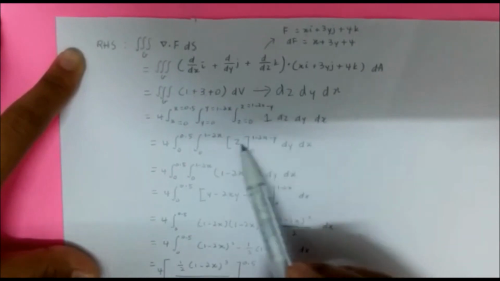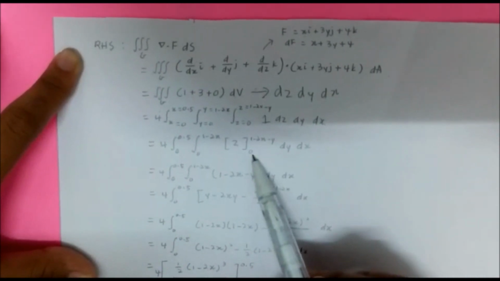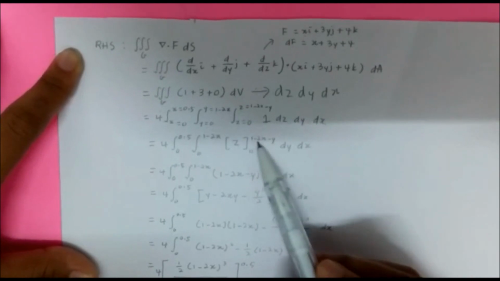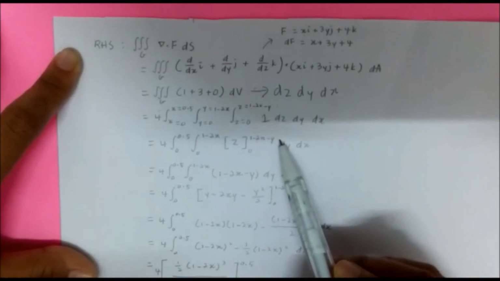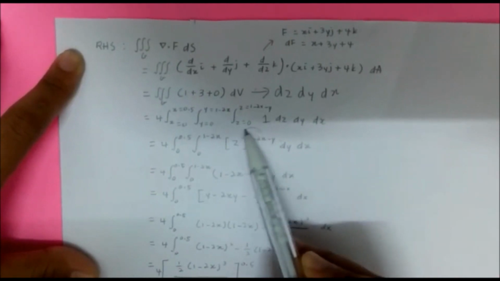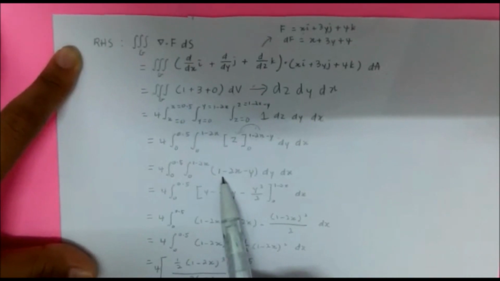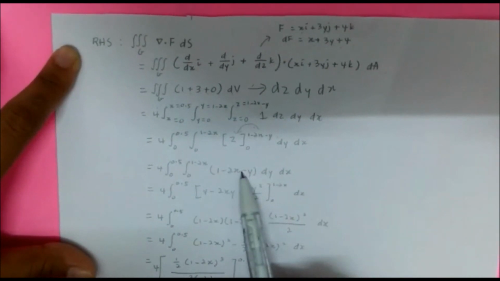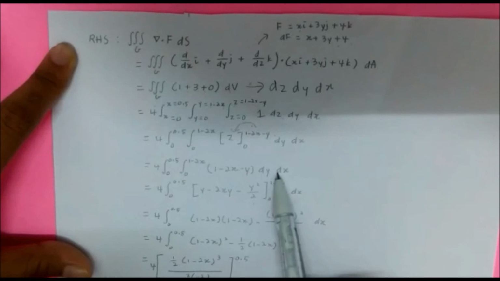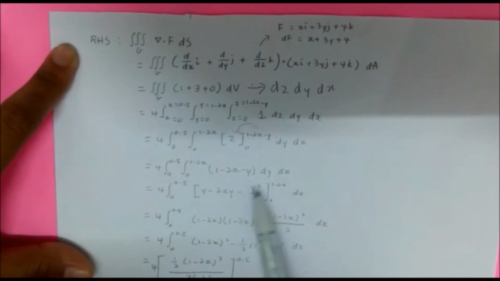So first we integrate for dz, and we got z, where the limit is 0 to 1 minus 2x minus y. And after that, we substitute this value into z, and after substituting the value, we integrate for dy, where we got y minus 2xy minus y.